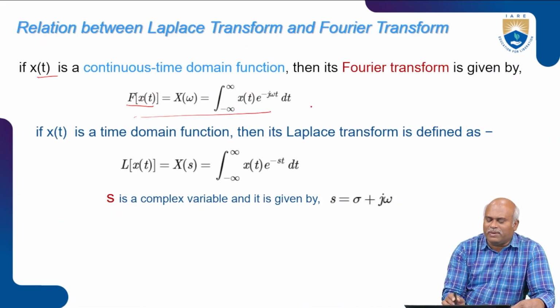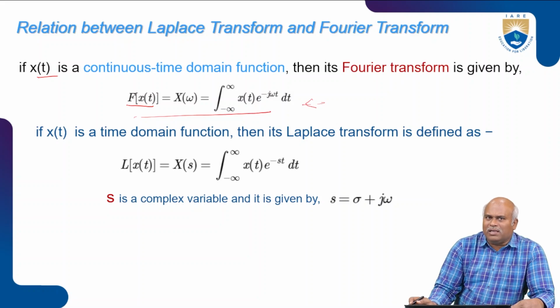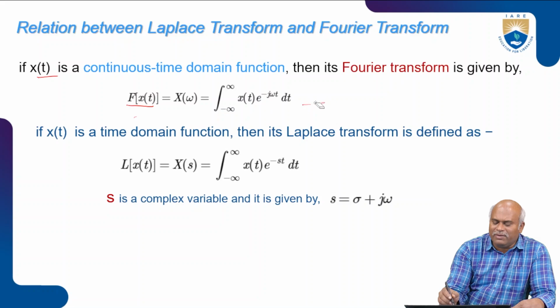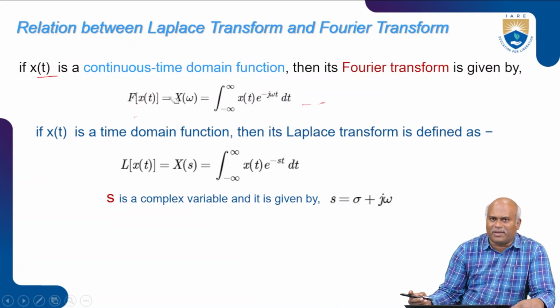This Fourier transform we studied in the last session. In this case, X of omega is the frequency value of x of t.